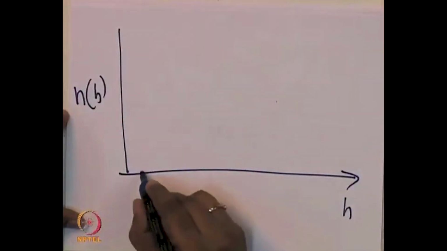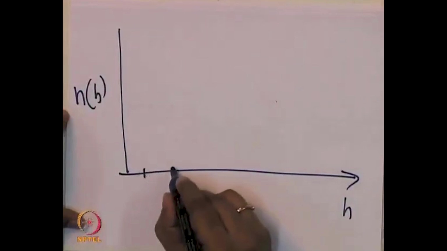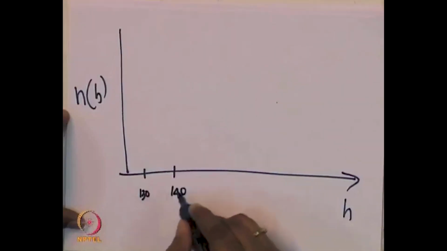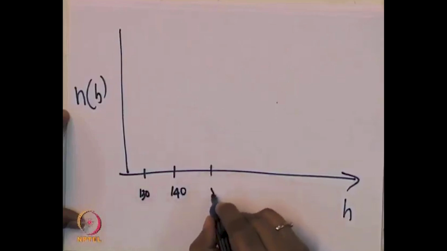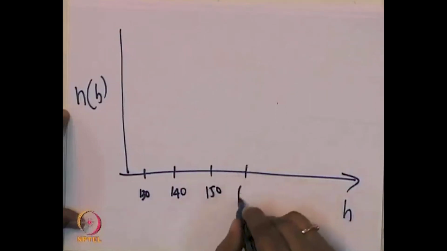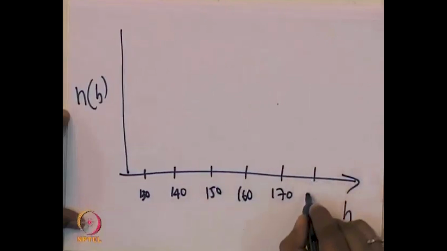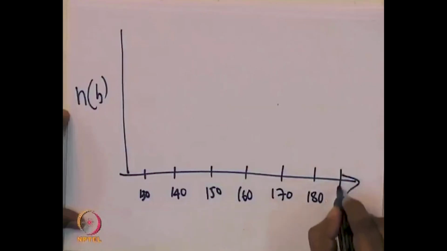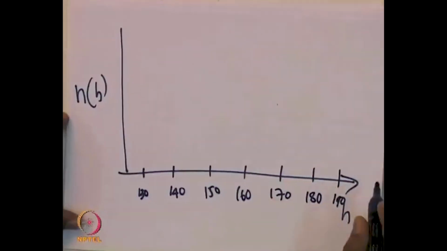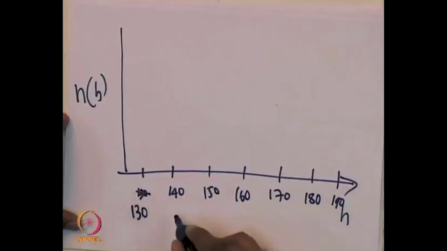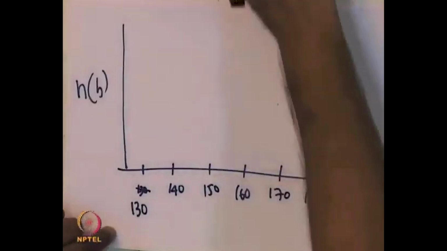How many students are there between 130 and 140? Let me draw this a little more clearly so that it is clearer for you.